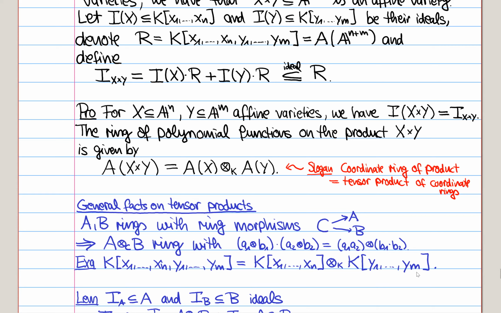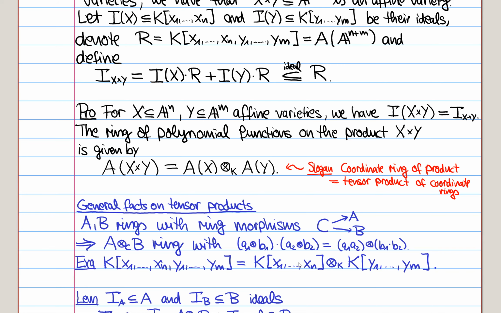If you think about it for a second, this is easy to show by just writing down the generators here and here. But this is also a special case which says that the coordinate ring of A^(n+m) is the coordinate ring of A^n tensor the coordinate ring of A^m. And this is the basic ingredient which we're going to use later.